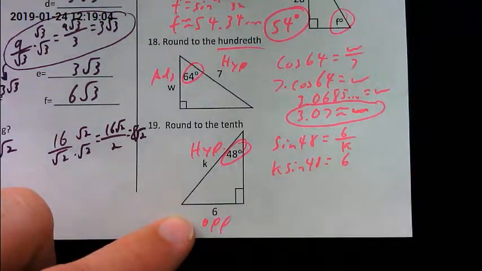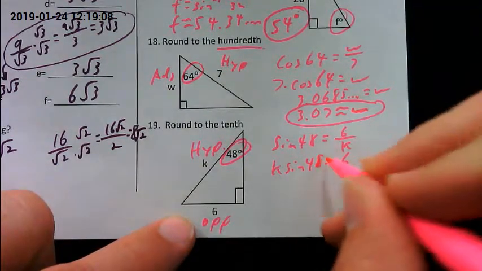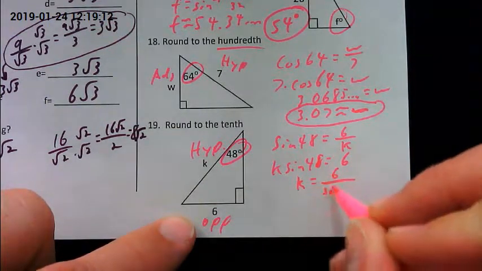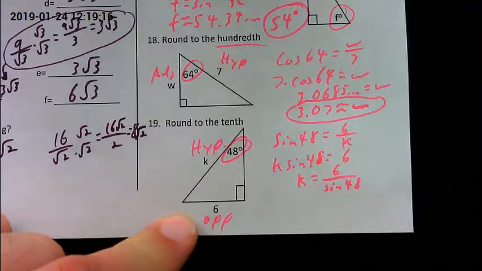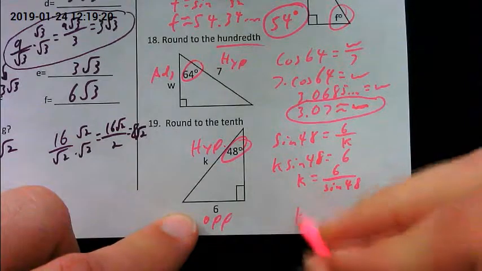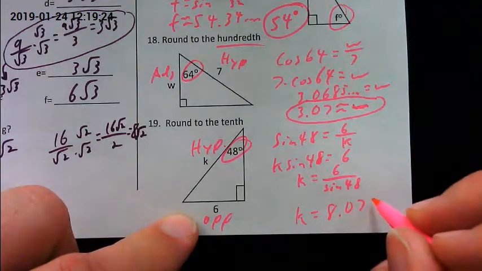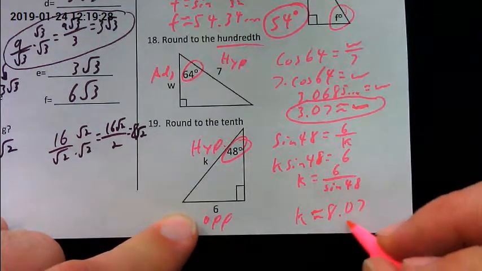I got to do an extra step. What am I going to do with sine of 48? Divide it off. So k equals 6 over sine of 48. So 6 divided by sine of 48 is 8.07. Round to the nearest tenth, so that'd be 8.1.